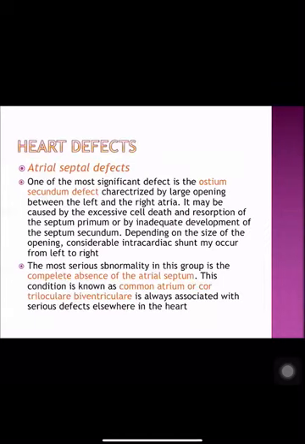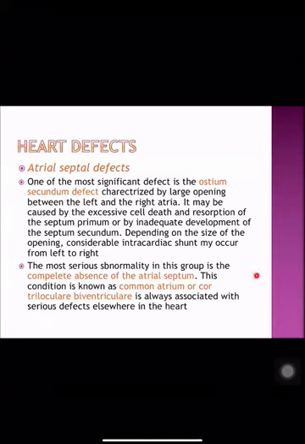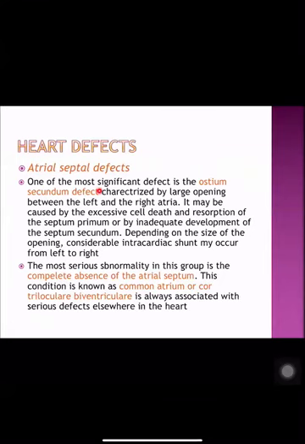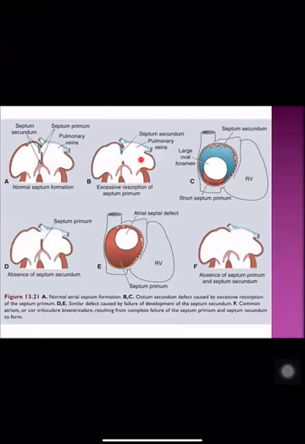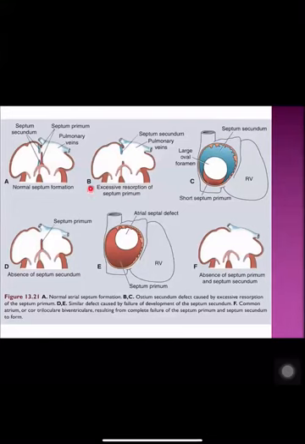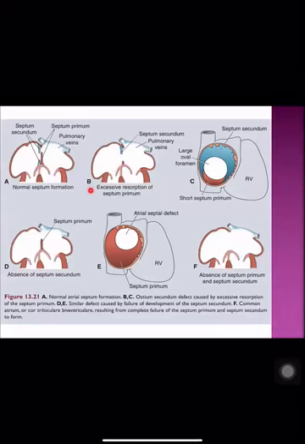Now, we have a group of defects that constitute an atrial septal defect. And one of the most significant defects is that involving the ostium secundum that will cause a large opening between the right and the left side. And this will occur either due to the excessive resorption of the septum primum or due to the absence of the formation of the septum secundum.